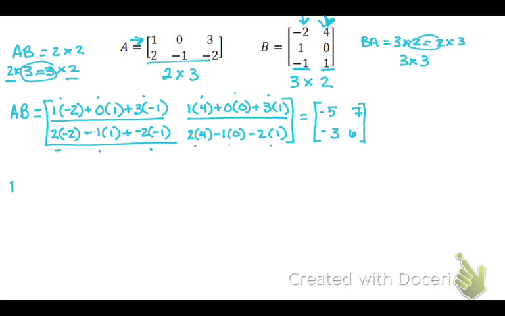Do you want to try the next one on your own? Yeah, sure. Okay, I'm going to tell you a helpful hint, guys. When I do B times A, B needs to be on this side. I personally will write B on the other side. It is very difficult to do this backwards.